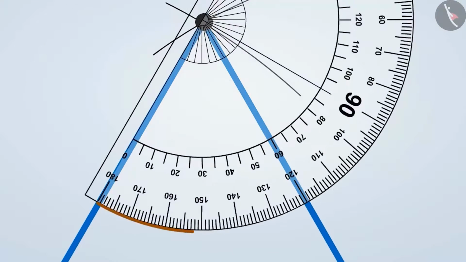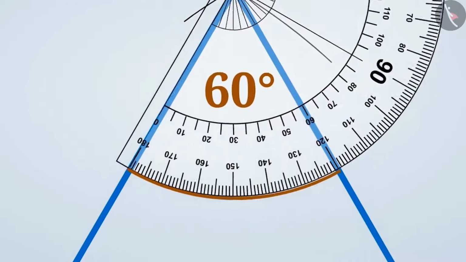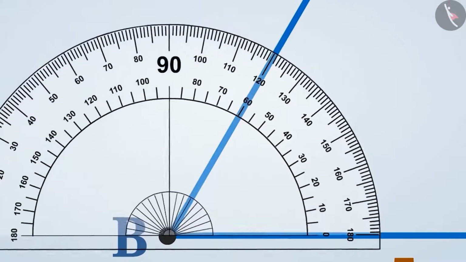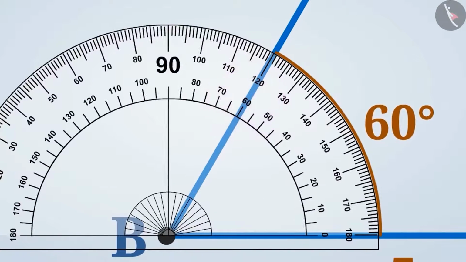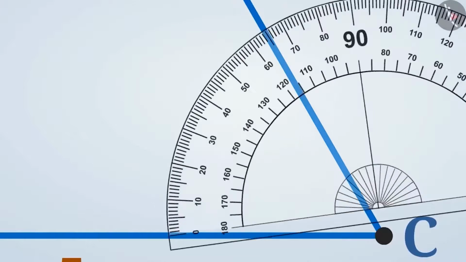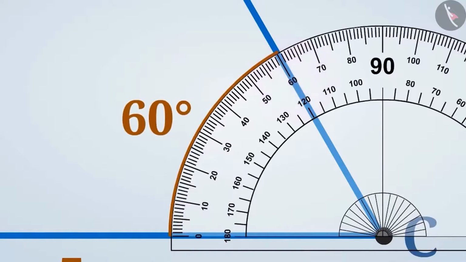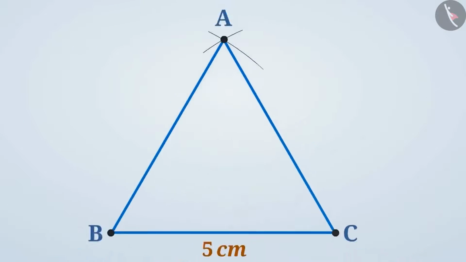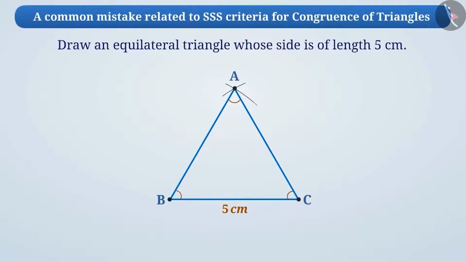If we measure its angles with the protractor, we will find all angles are 60 degrees.